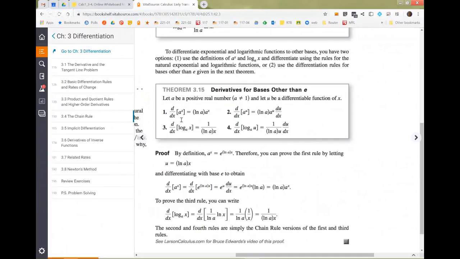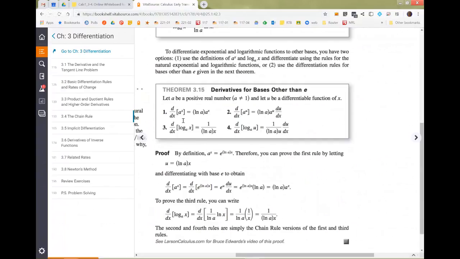How do you take the derivative of any base a to the x? The answer is it's itself, a to the x, multiplied by the natural log of its base. They wrote the a to the x on the end, but it doesn't matter.